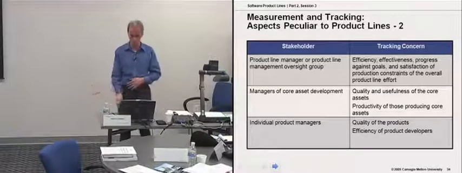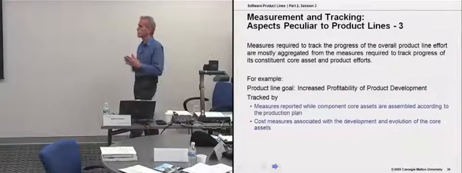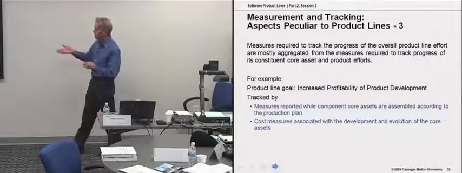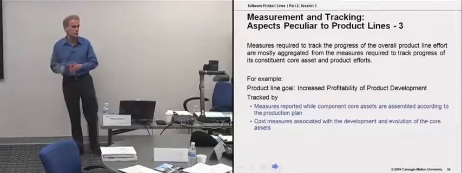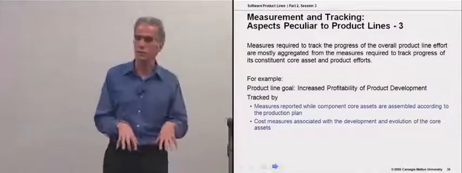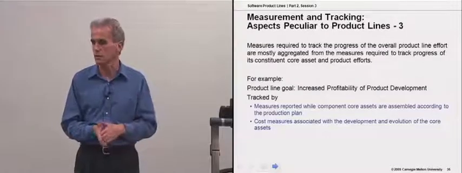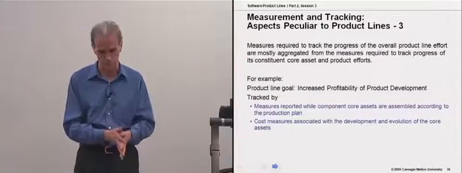So how will you know if you don't keep track of things like these? The higher level goals, like increased profitability, for example, will decompose into lower level goals that can be operationalized in units doing core asset development and product development, for example.